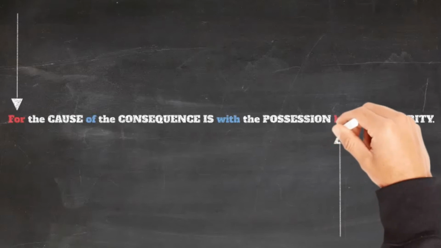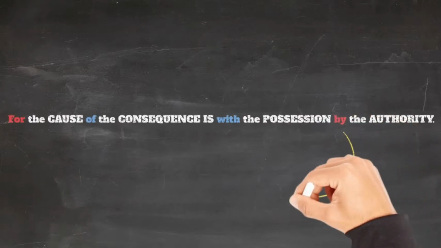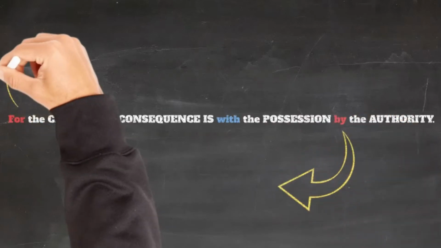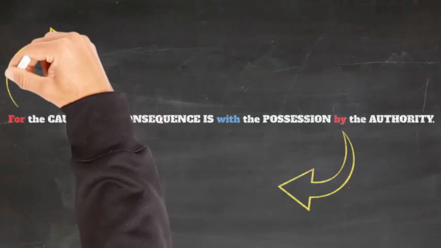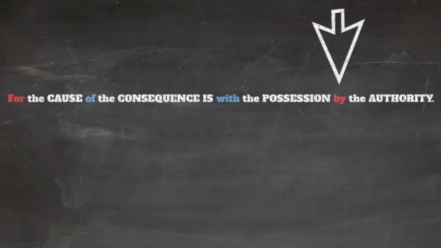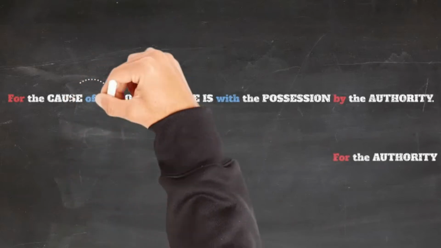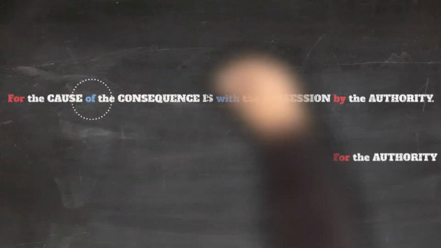When reading a correct sentence structure backwards, I can swap out the positional by for. For example, where it says by the authority, I can say for the authority, and I still get the same message. Again, the same can be said for of and with.